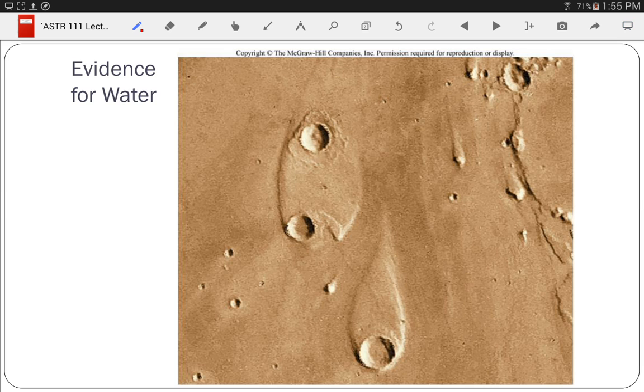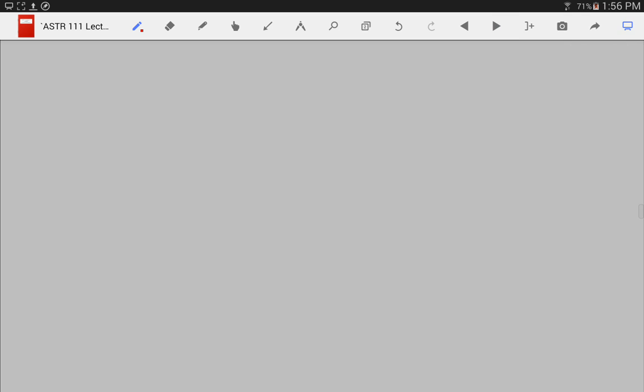Now let's look quickly at some of the evidence from Mars. So I just have pictures here. This shows what looks like water flow patterns. So it looks like water's been flowing there.